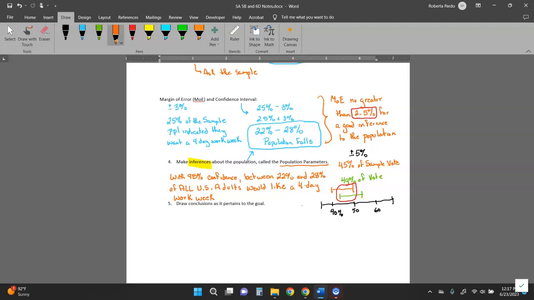This is how all of your population parameter statements will look. So this can either be a population parameter statement, or it can also be the meaning of the confidence interval.